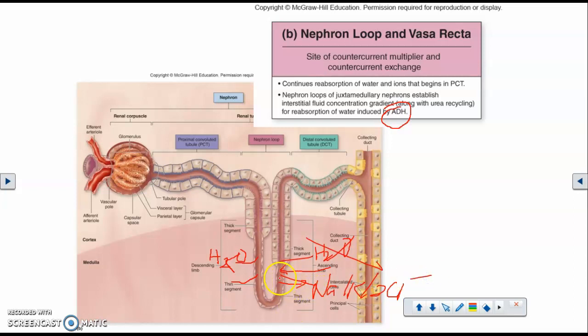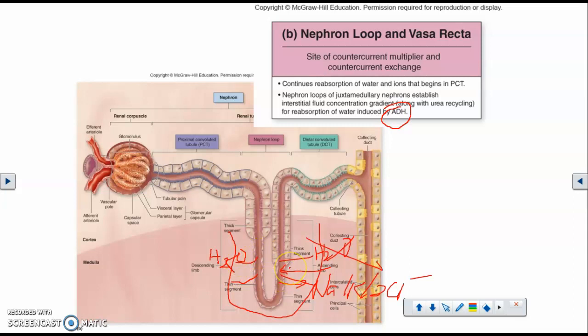And so what happens is, if you want to think about it this way, you have the vasa recta, which is the capillary system that surrounds the nephron loop. It's going to be very, very high in sodium, potassium, and chloride ions, right? I hope that makes sense. And because of this, that is one of the big drivers of water, because water obviously follows solute.